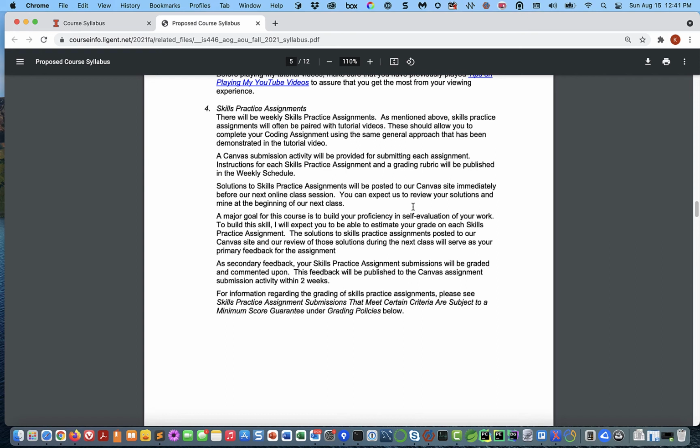Okay, so even if a particular skills practice assignment goes completely sideways, it's not going to ruin your grade. The farthest that you can fall down in that scheme, if you're on time and following the rules and making a good faith effort, is to a B. So that's not going to pull your average down that much.